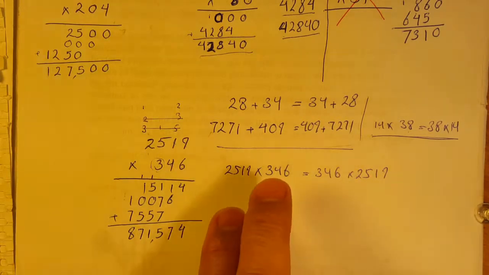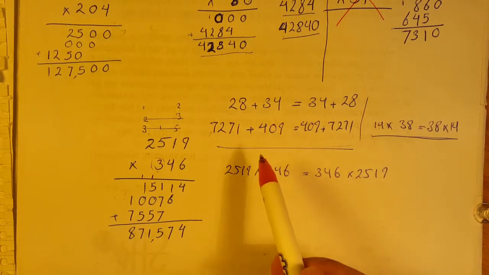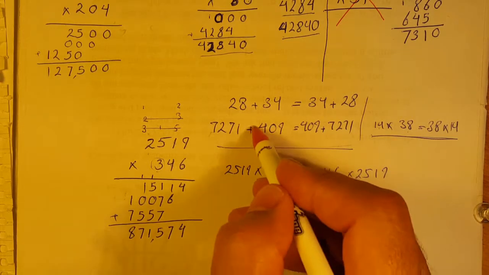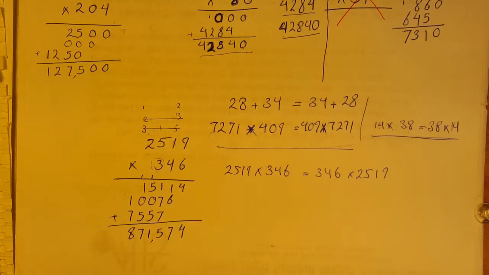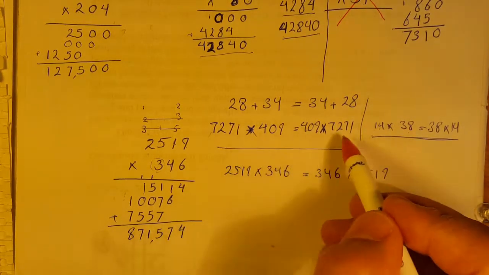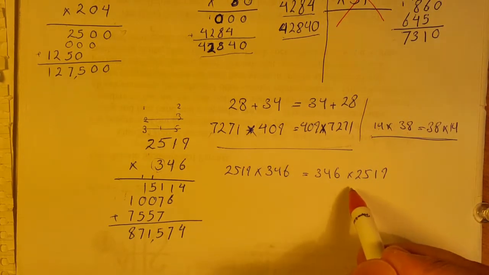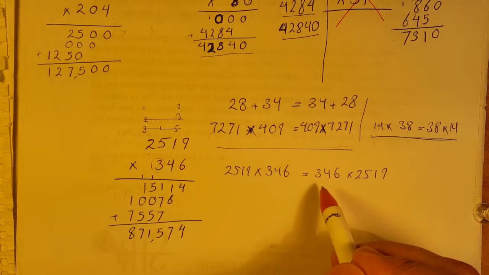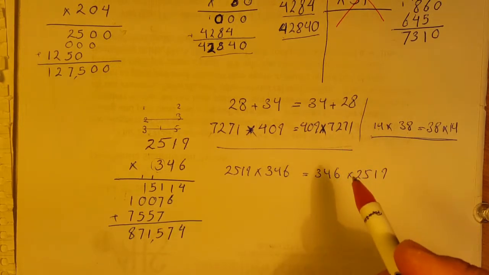So it doesn't matter, we can switch the numbers and we have the same result in adding and in multiplication. It doesn't matter if it's adding or multiplying, same rule. So for these two operations, we have this rule as well, which is obvious.